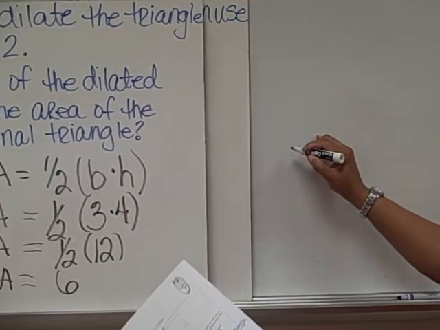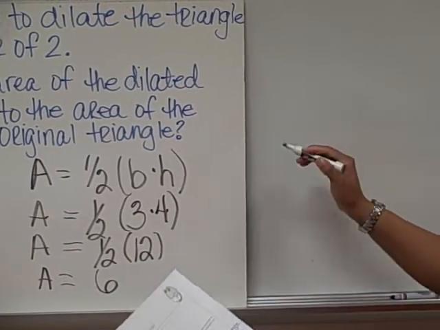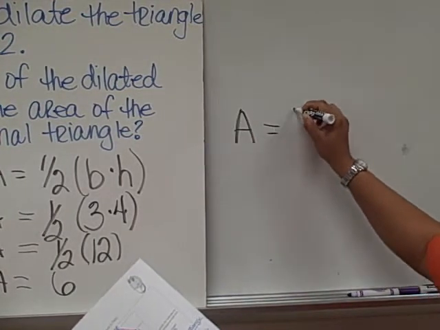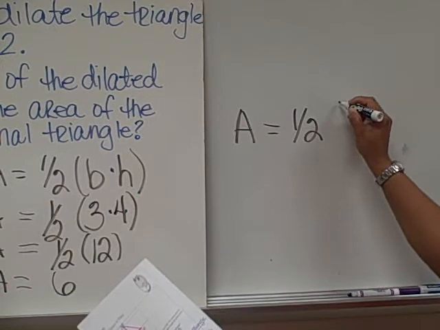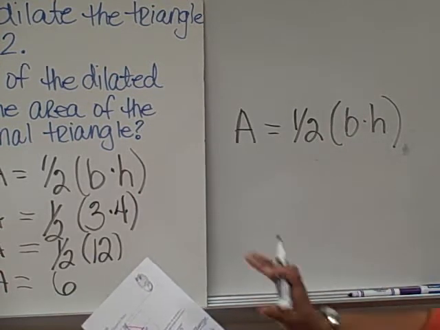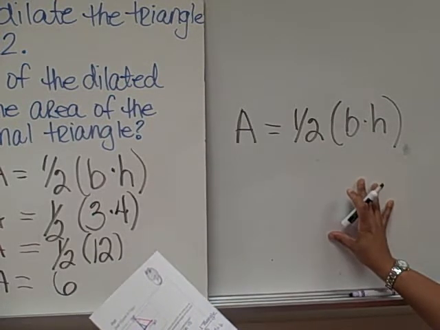Now, with the area of the dilated, which is A equals 1/2 times base times height. Now this is the original, and this will be our dilated.